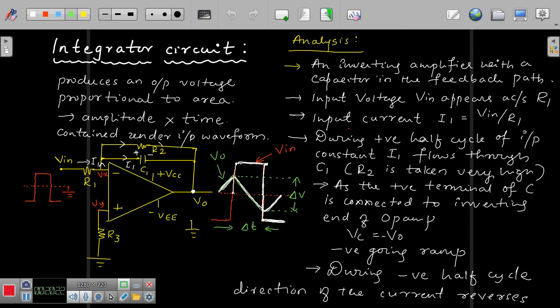So now let us try to analyze the current here, because we have done the similar thing in our discussion as long as the differentiator is concerned also, right? So the current I1 here, right? What is the current I1 now here? So V in minus Vx divided by R1. All of you can understand this. The current I1 from the input side is V in minus Vx divided by R1.